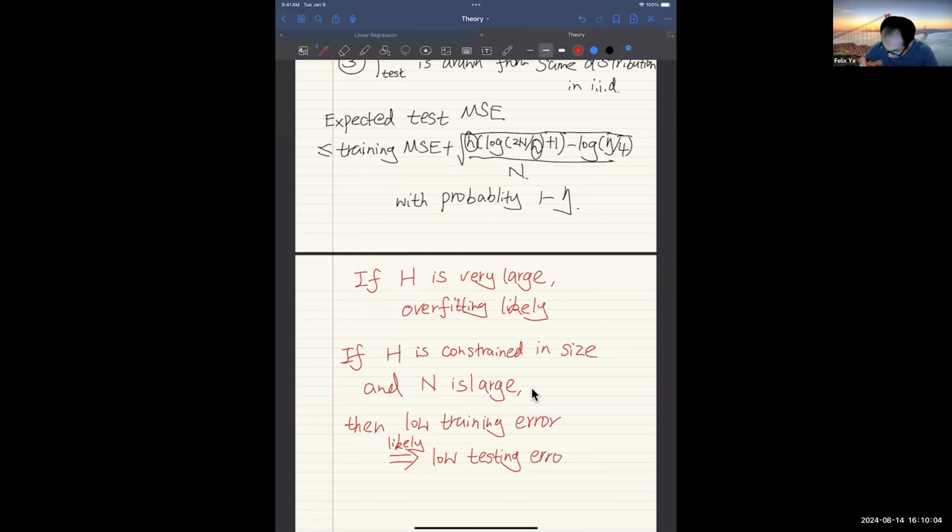There's no guarantee here. Everything just has probability, is likely, and with high probabilities per se. Okay, so this just gives you some idea what you should be looking at in general.